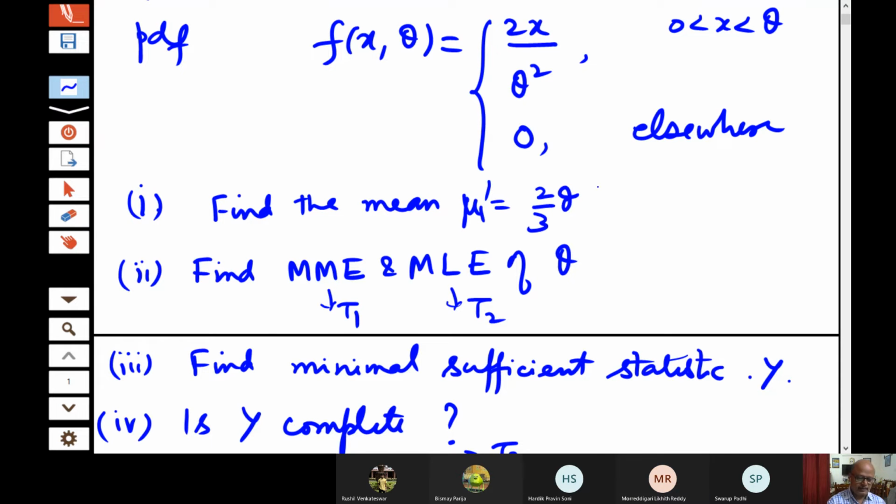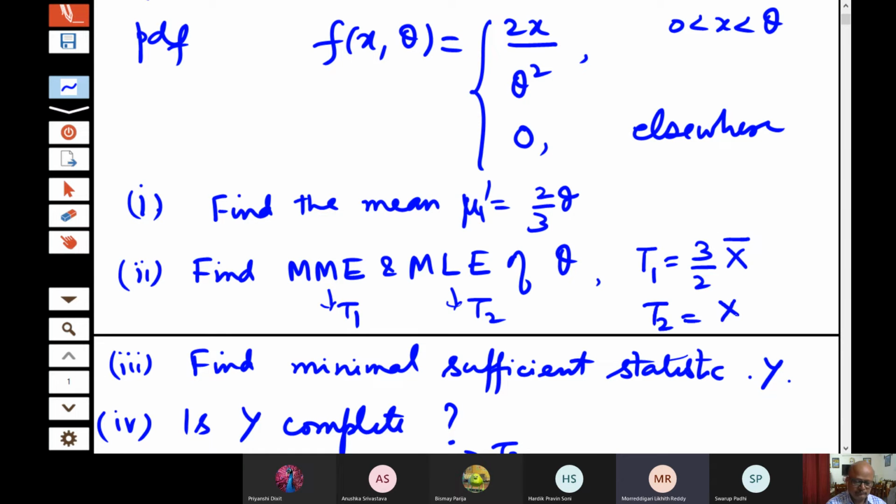What is the method of moments estimator here? 3 by 2 X bar. Then the maximum likelihood estimator? Xn.